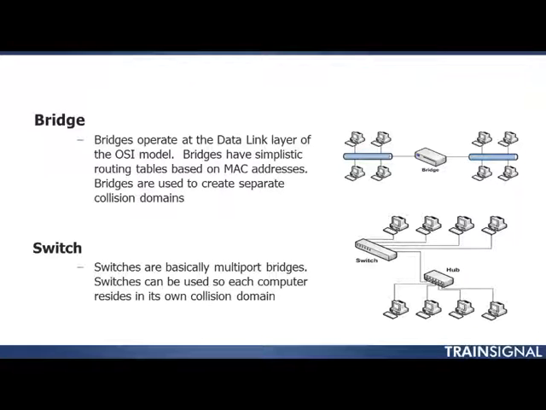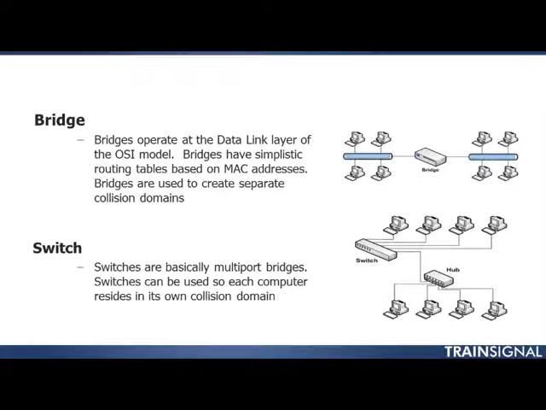Now, bridges are considered to be used to create separate collision domains. And what that means is, if we look at a diagram here, we see that there's a bridge in the middle, and then we have a set of computers on either side. Well, when a computer transmits information out onto the network, that information travels along the entire network.